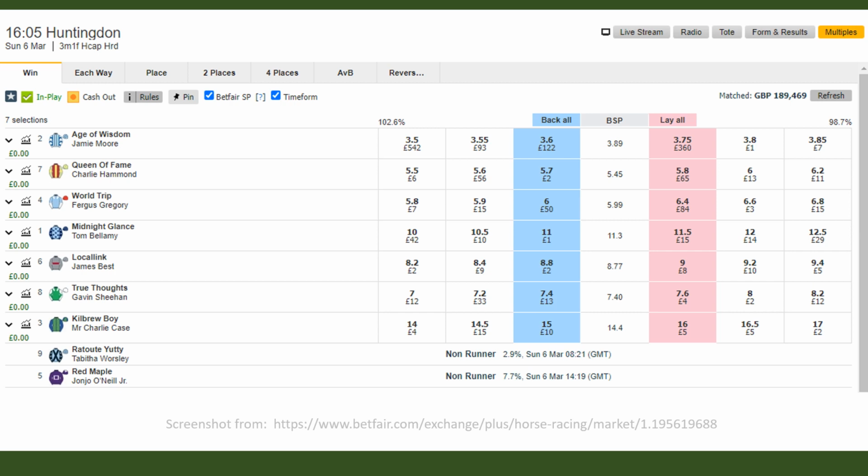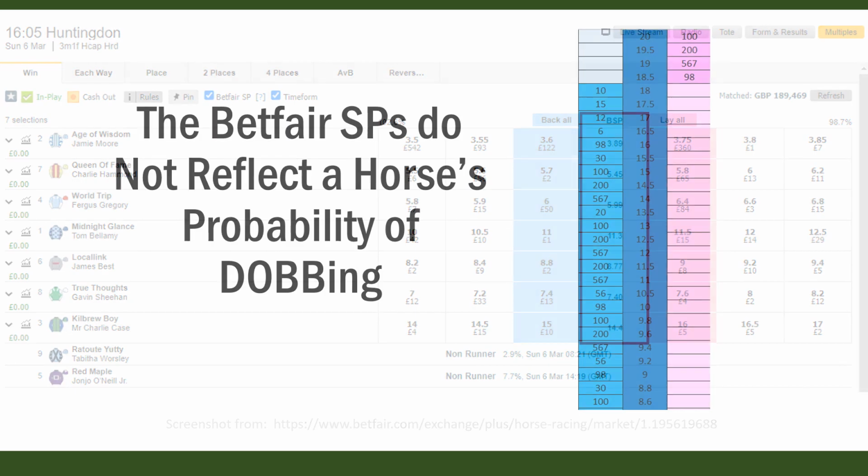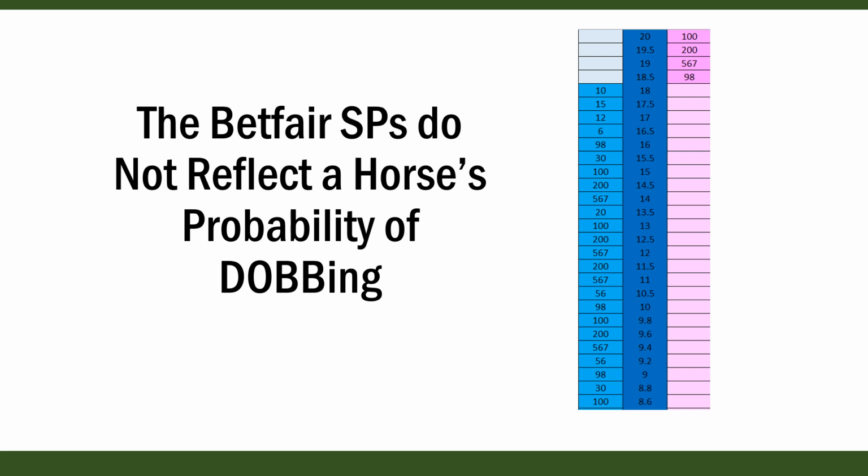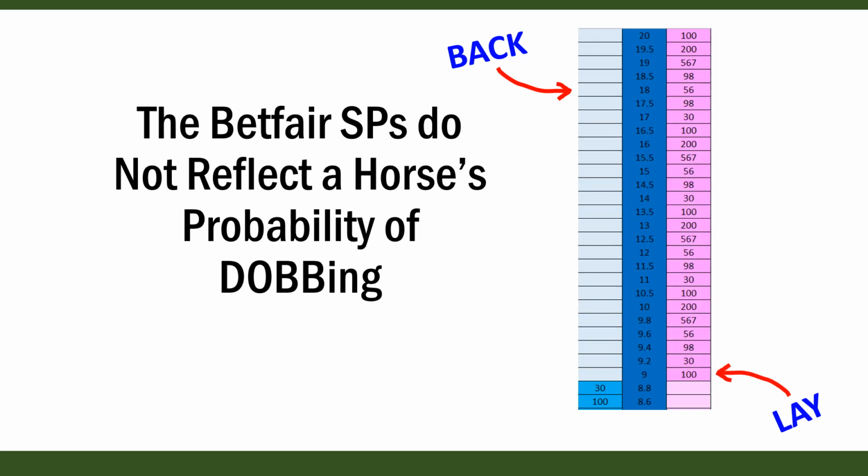We know that the Betfair SP is highly efficient. What do we mean by efficient? We mean that the SP reflects the horse's true probability of winning the race. Importantly, the SP doesn't reflect a horse's probability of dobbing.